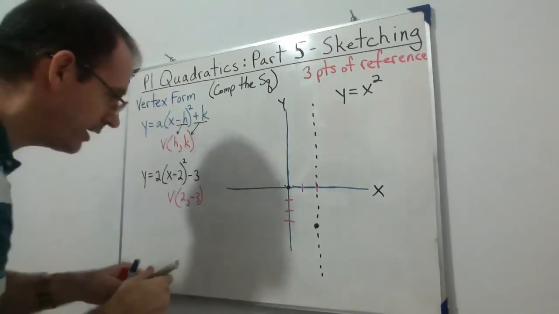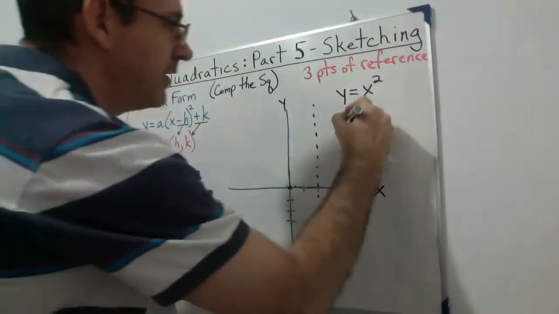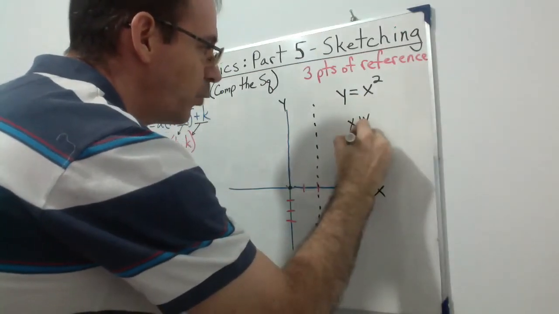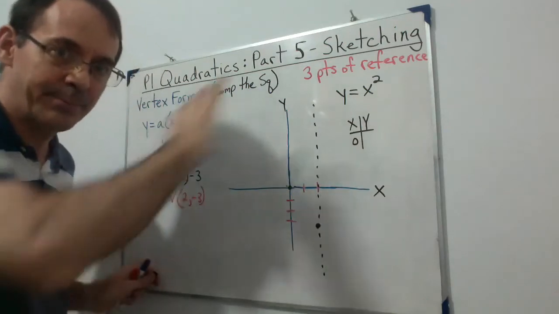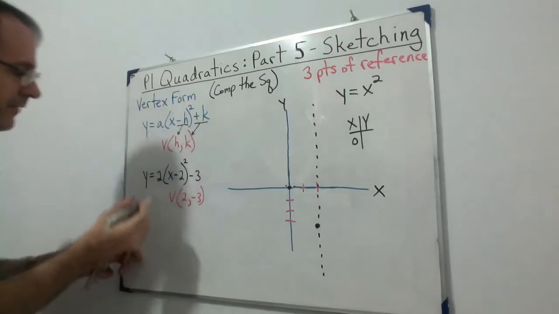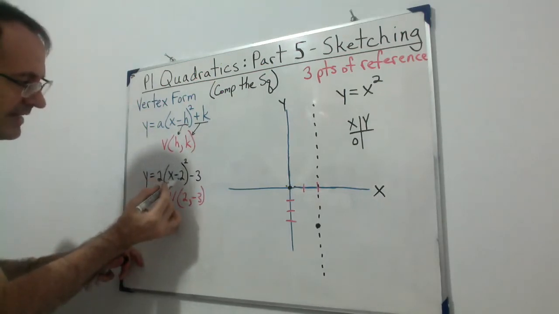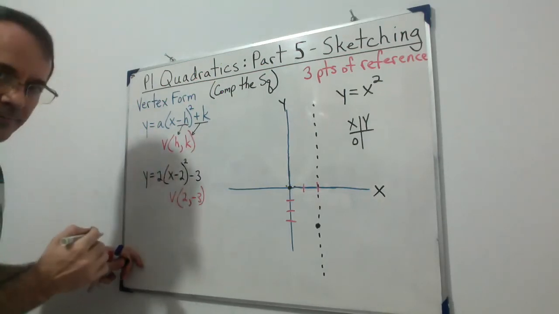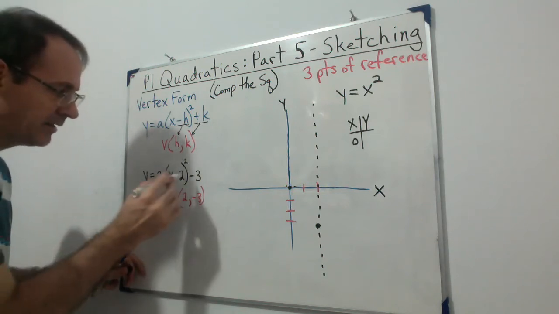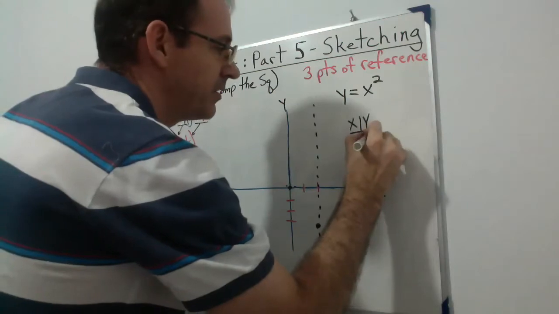So what we're doing is creating a very small XY table of only one value, not a big long one. If x is 0, we want to find our y. So if this is 0, we have a -2 squared. Well, a -2 squared is 4. Times 2 is 8. Minus 3 is 5.